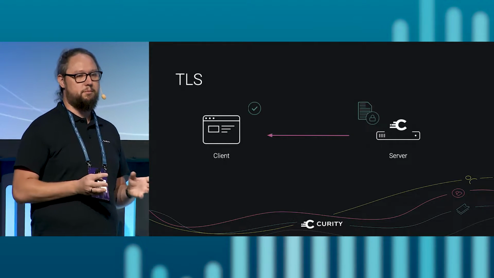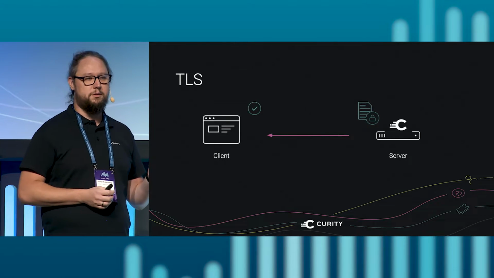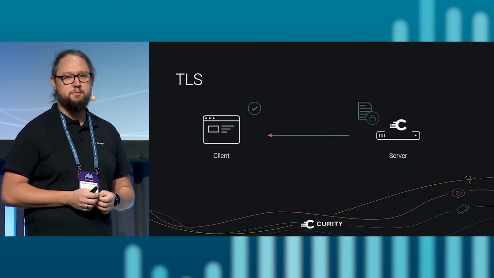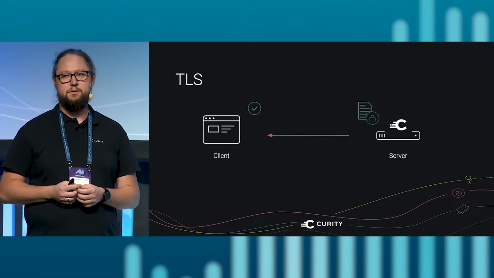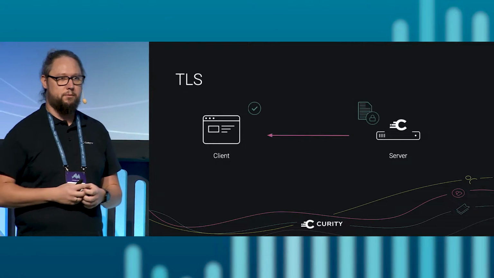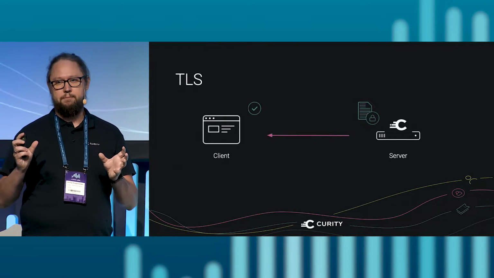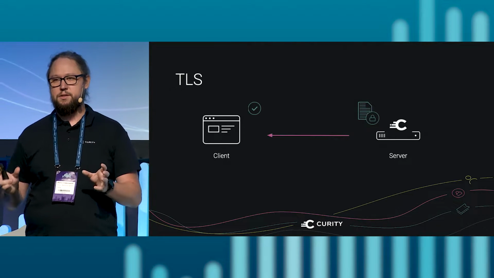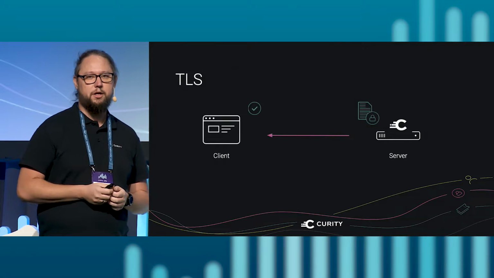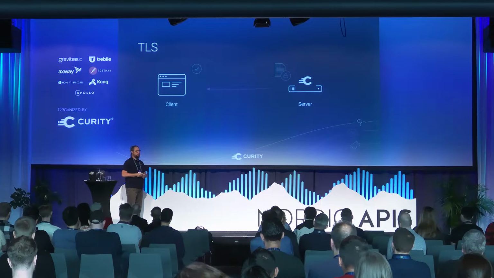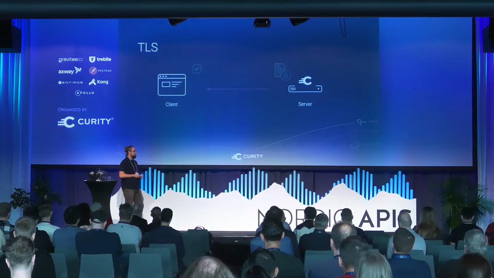It's got more popularity recently, also thanks to technologies like Kubernetes or service meshes, where it's quite popular and used to authenticate services. The communication between the services, so they know exactly what service is talking to another.